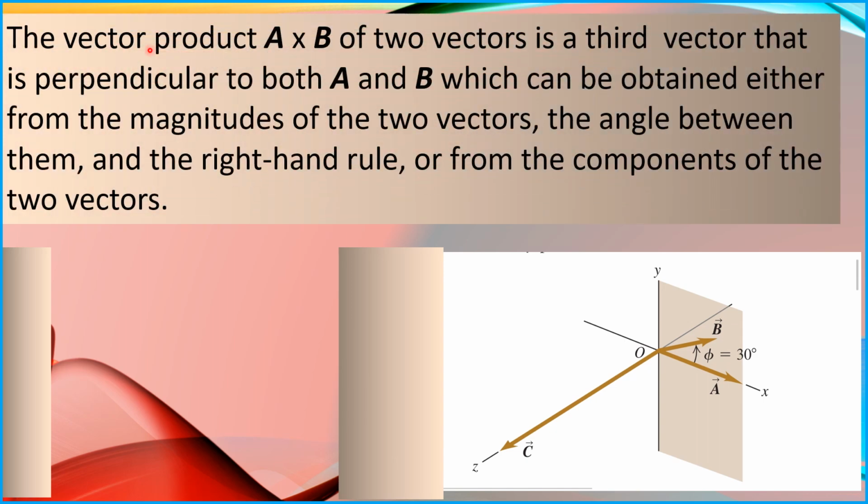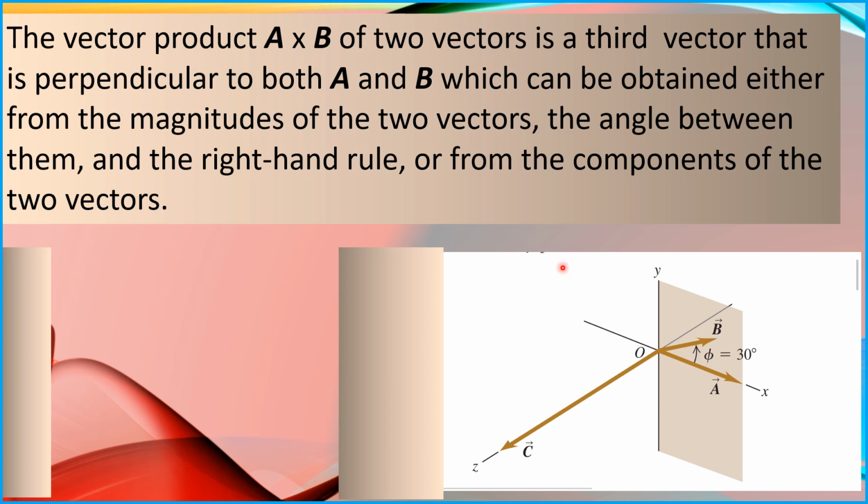The vector product, vector A cross vector B, of two vectors is a third vector that is perpendicular to both vector A and vector B, which can be obtained either from the magnitudes of the two vectors, the angle between them, and the right-hand rule, or from the components of the two vectors.